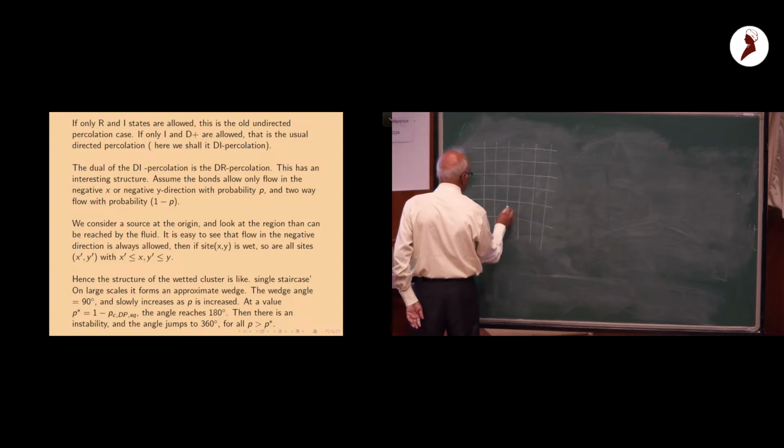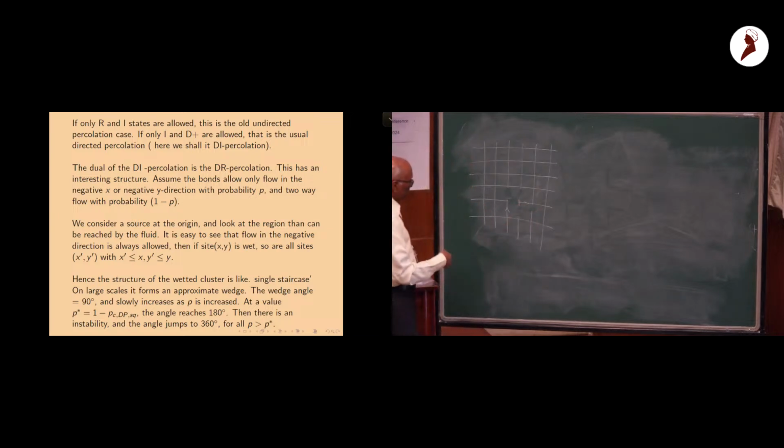So the bonds are either diodes or they are insulators. Either this bond is present or not present. If it is present, it allows current in. So that was the directed percolation problem we already studied and understood.